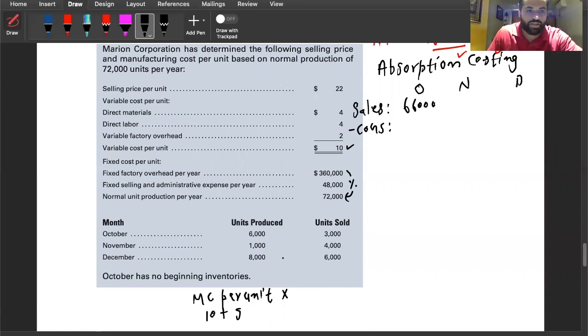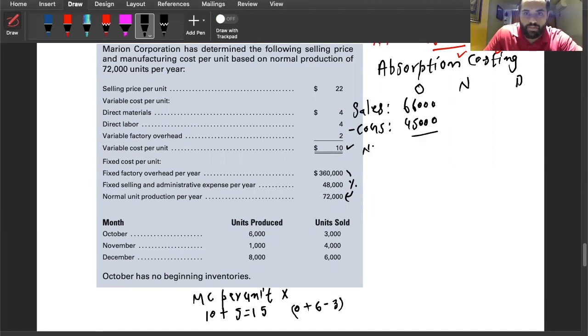So total is 15. 15 multiplied by opening 0 plus production. How much is production? 6 is production, minus closing. 3 is closing. So 3 multiplied by 15 is 45.